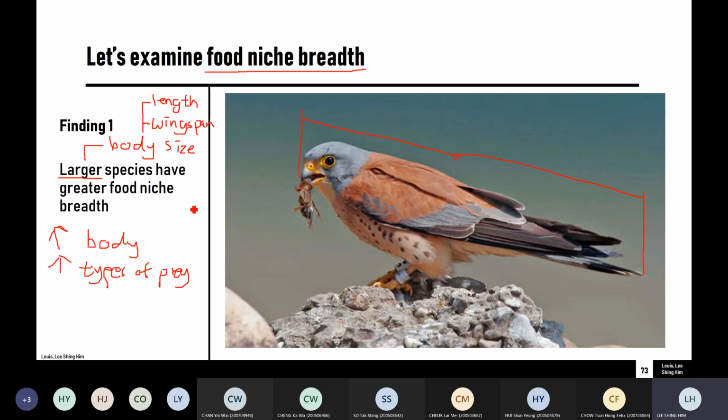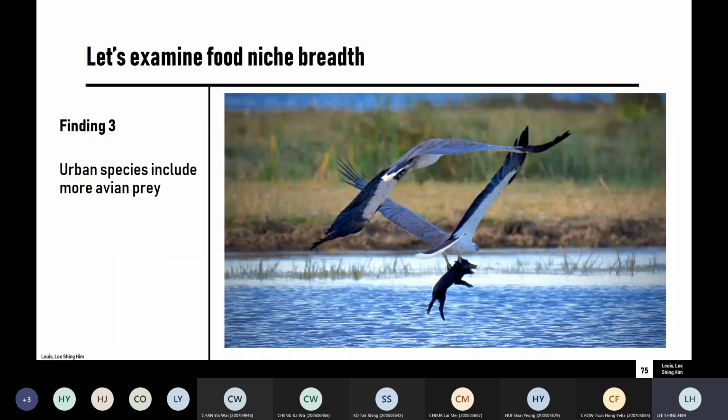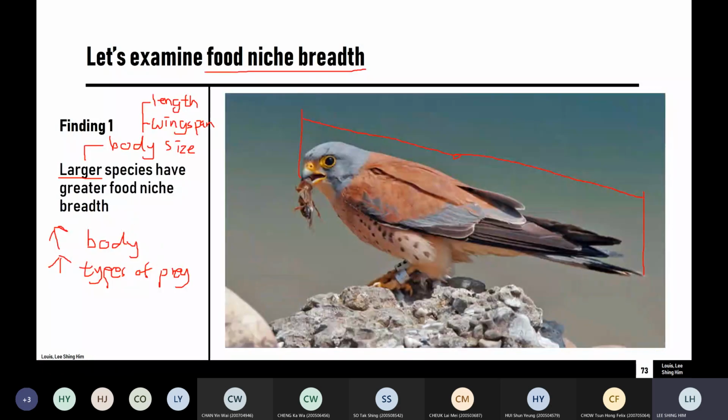There may be a limitation, but I will go back to this observation later. Let me explain here. Why do they have this observation? Imagine if you observe a large bird, and then you see what prey it is carrying in its beak.